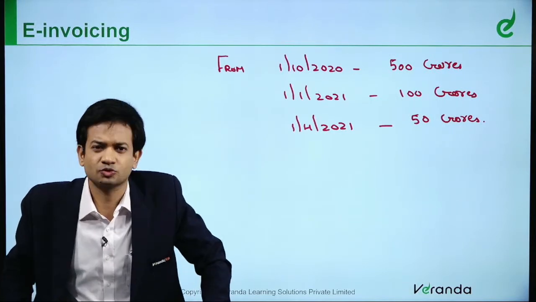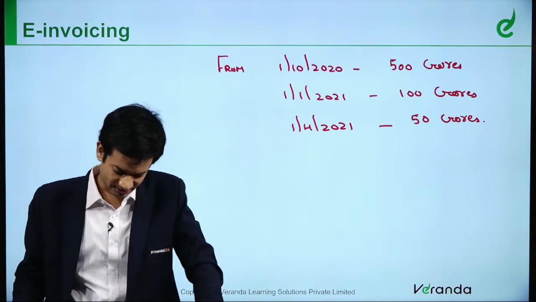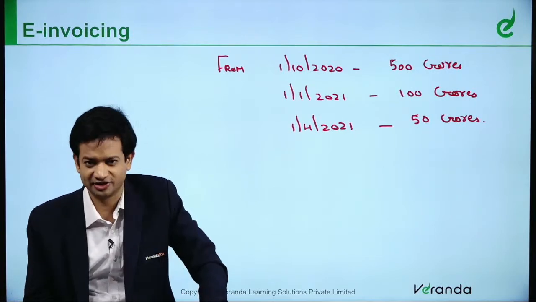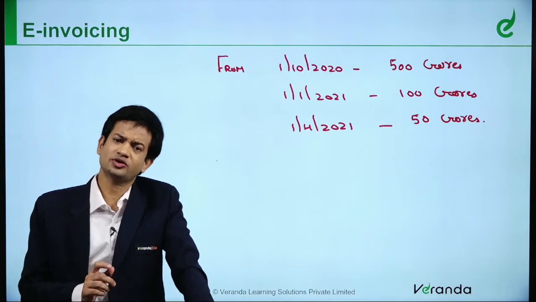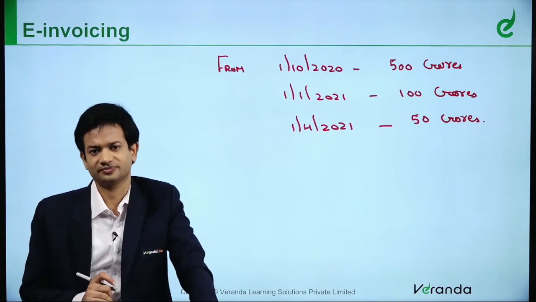Now, someone can ask, what is an e-invoice? Let me just brush up the concept in the next 2 minutes. See, an e-invoice is basically a normal tax invoice, right?